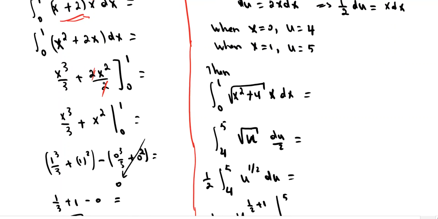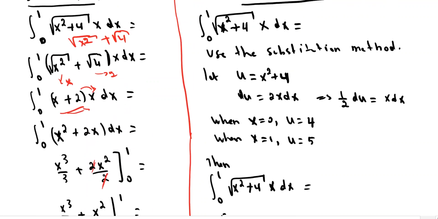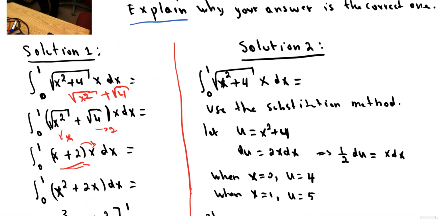Then you evaluate those expressions at 1 first. You get 1 cubed over 3 plus 1 squared, and then at 0, you get 0 cubed over 3 plus 0 squared, and then you take the difference, you get your final answer. So that's answer 1. Now, is this a correct solution?